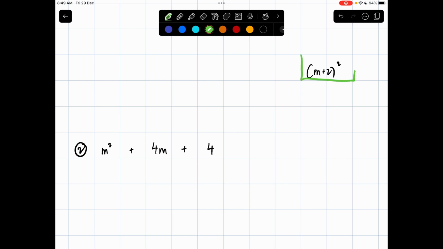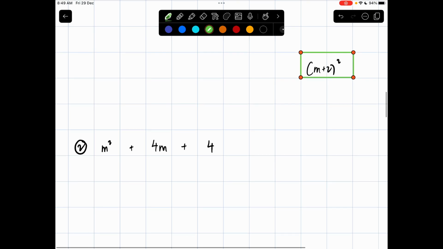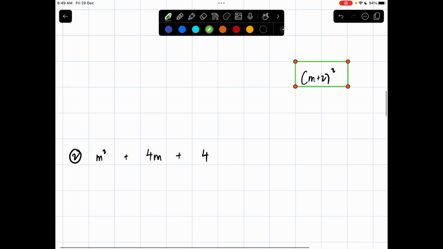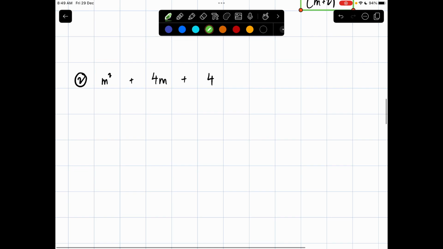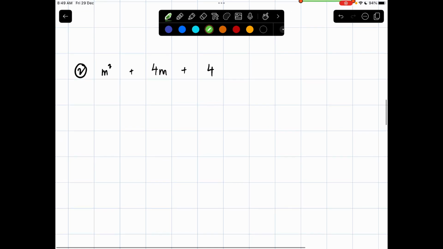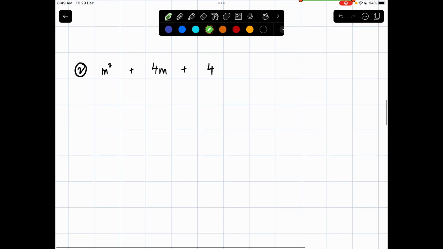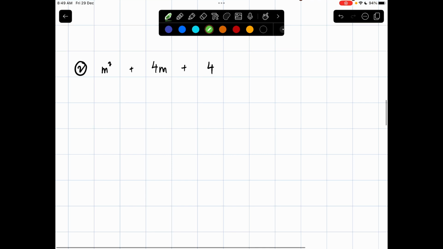Keep this outside of your evaluation for a while, because this will be important afterwards. So here we have m squared plus 4m plus 4. If you notice, this is the first time we are getting more than 2 terms at once in one expression.